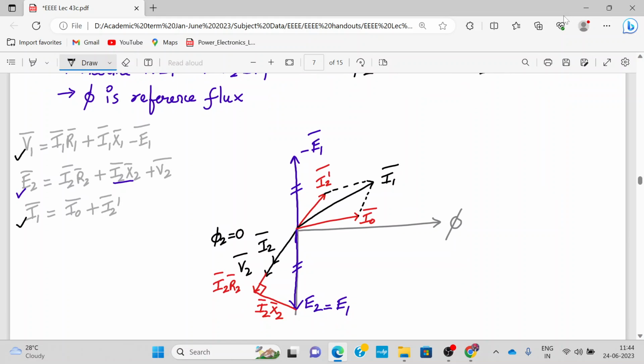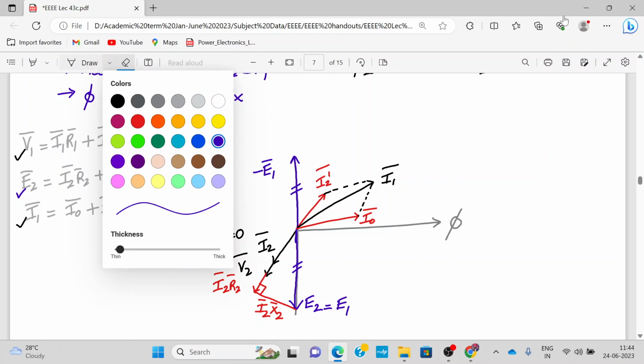This I1 R1 should be drawn parallel to I1, like I2 R2 was parallel to I2. This is I1, so it should be parallel to I1. Let me show it to you. This is minus E1 bar. I1 R1 will be parallel to this.